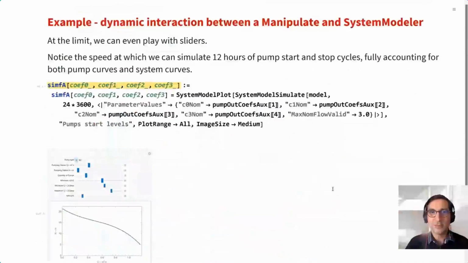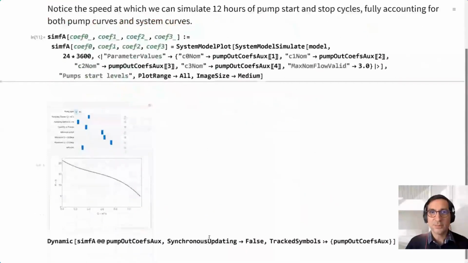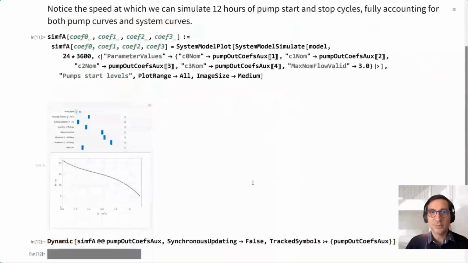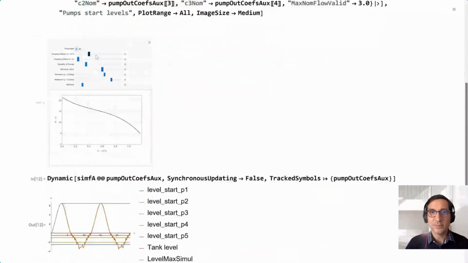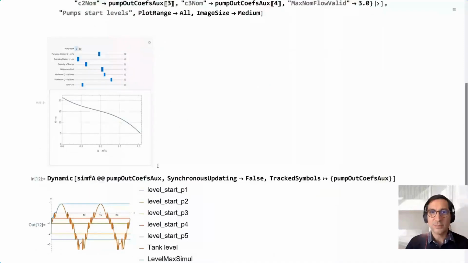Now we will see a dynamic interaction, and you will see that it's incredibly fast. We can manipulate the pump curve through the same CDF tool as Pedro showed, and we have an update of our level, which is being updated in a very quick way.